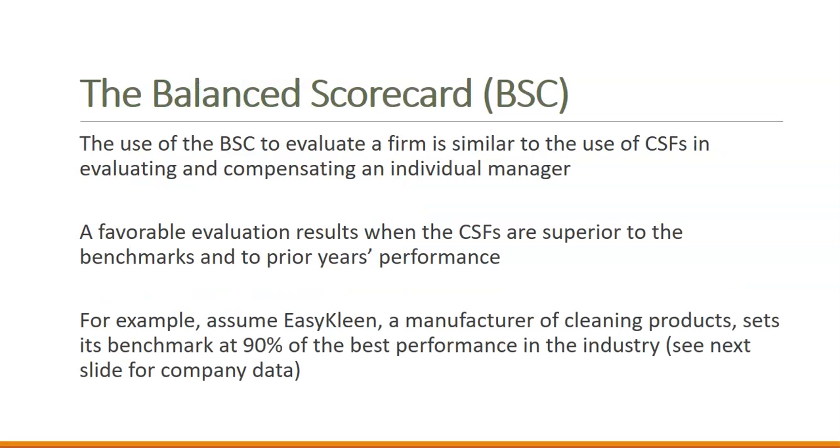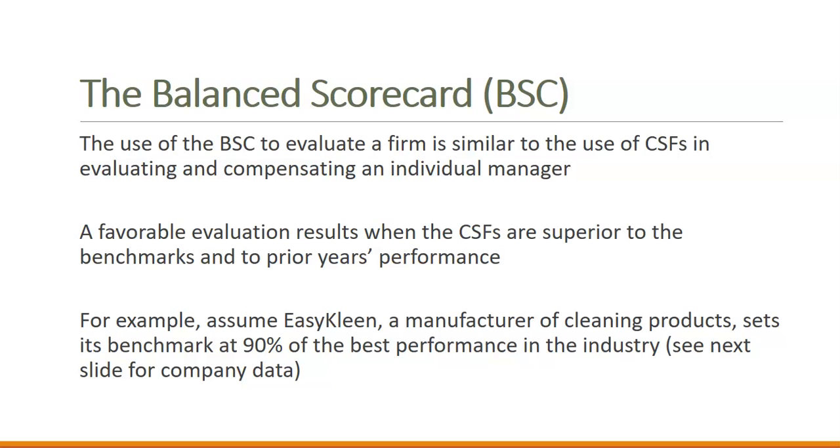The balanced scorecard is used to evaluate our firm. It can also be used to evaluate and compensate division managers. So we might say this particular manager is responsible for 2 of the items on a balanced scorecard, and seeing what their benchmark is and what the actual results are determines what their bonus is.